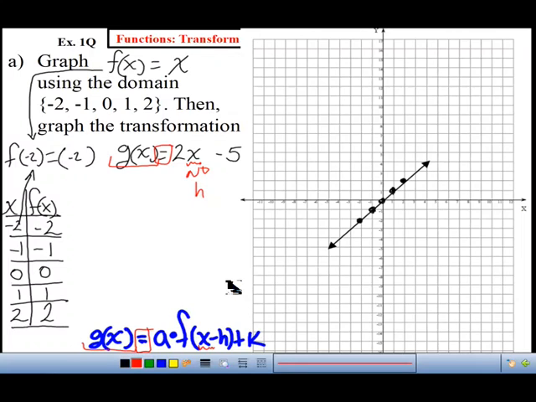Once again, whenever there isn't a parentheses around x on the right-hand side, on the side that's already being the function of g of x, that means there is no h parameter. Okay, so what does that mean? That this -5, circle it, corresponds to which parameter? What's after the x if there is no h?